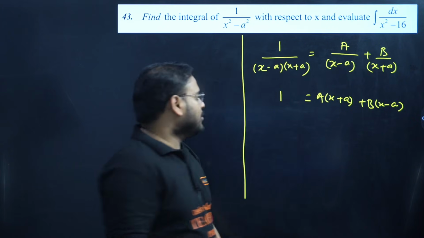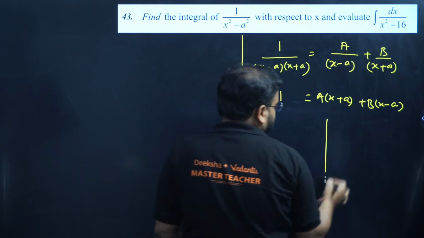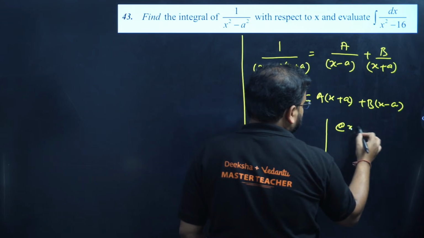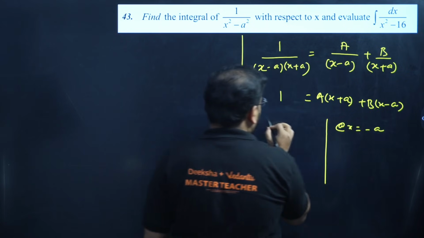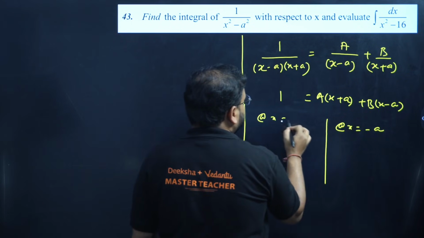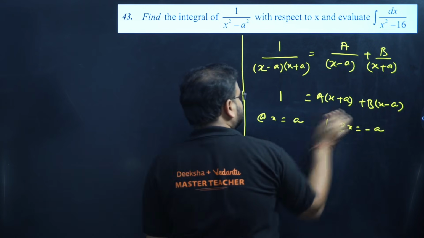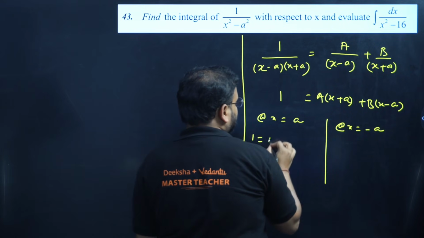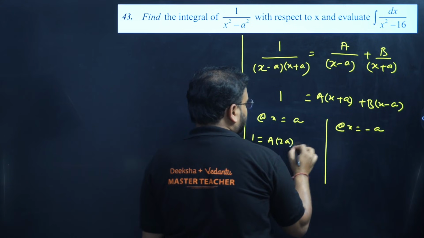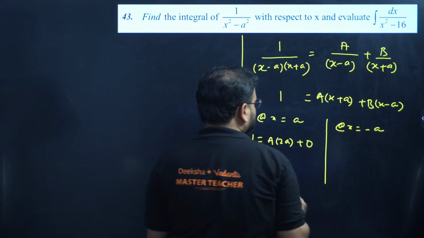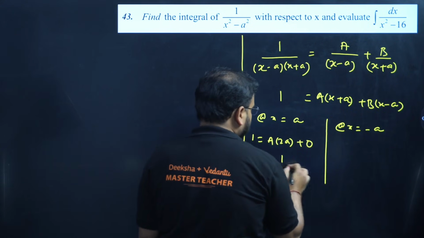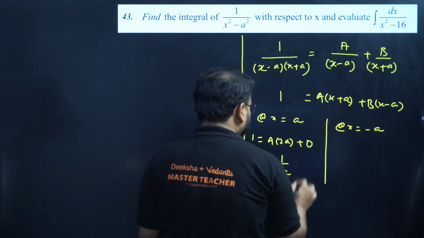Now in this, use once x equals to minus a, another time x equals to plus a. When you use plus a, this is 0. So I'll have 1 equals to A times of twice of a plus 0. So I get the value of A as 1 upon twice of a.